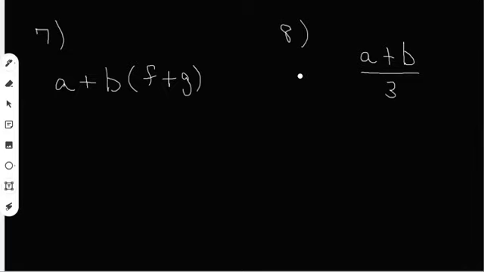So the first thing I'm going to do is, by substitution principle, I'm going to let A be 4, because they tell me A is 4. I'm going to let B be 8. I'm going to let F be 9 and G be 10.